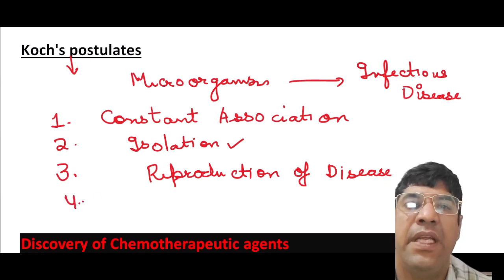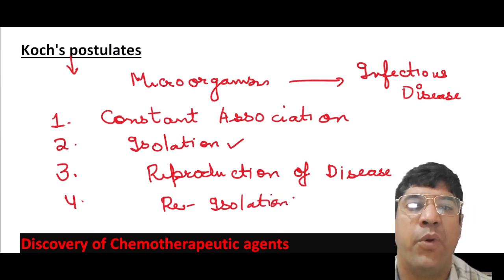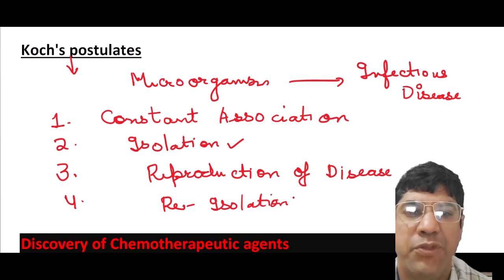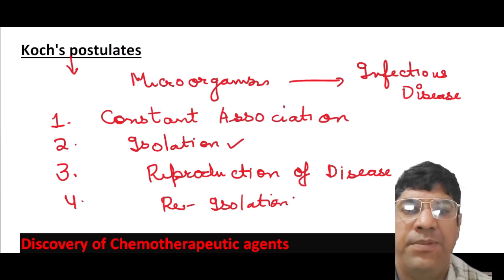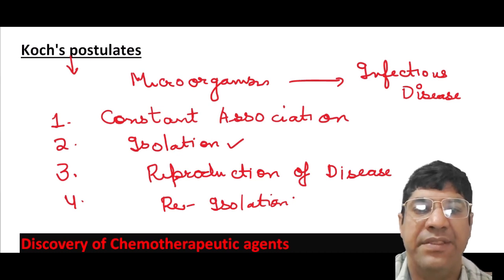Fourth is re-isolation. So the same microorganism should be rediscovered from the laboratory animals after reproducing the disease. So these postulates help to establish a clear link between a microorganism and a specific disease.